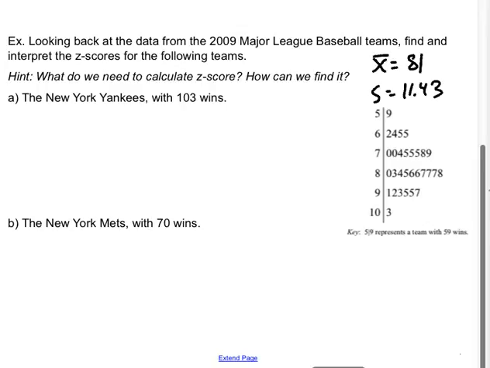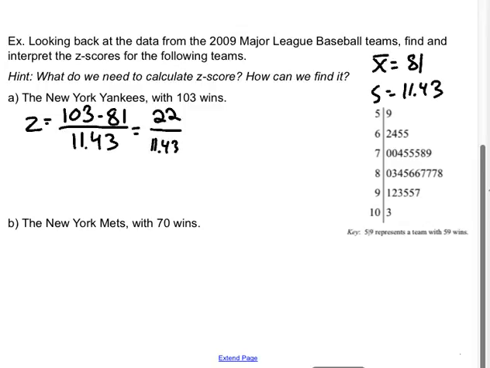And now we can do z-score calculations. The z-score is going to be our observation minus the mean over the standard deviation. So 103 minus 81, that's going to be 22 over 11.43. That's going to give you about 1.92.